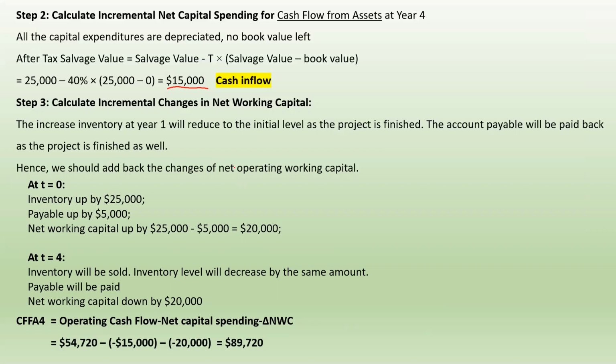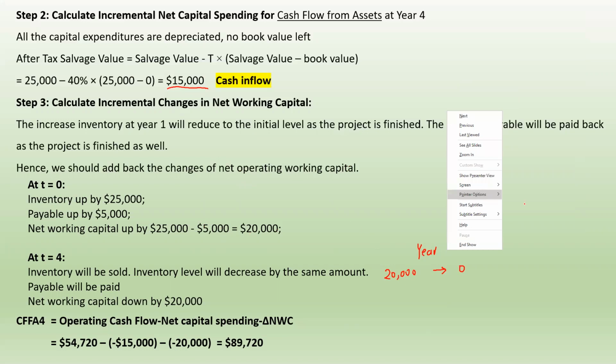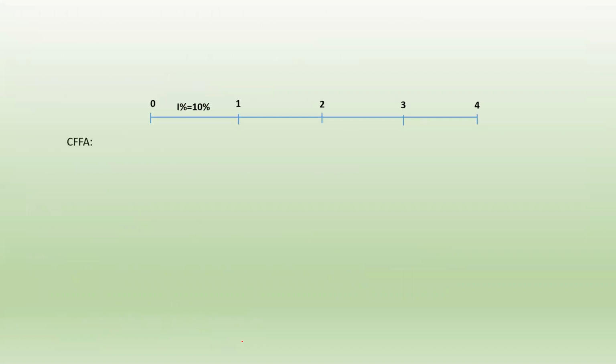So the net working capital goes from 20,000 to 0 at year 4. So we found the cash flow from assets is 89,720.